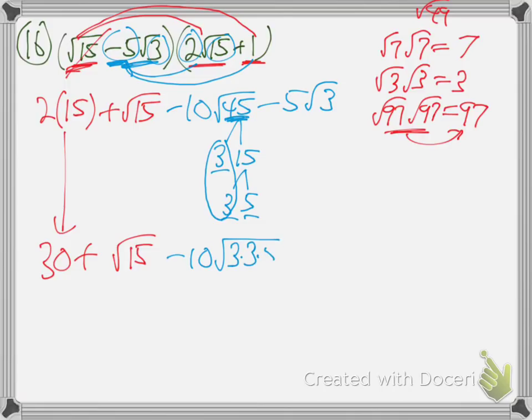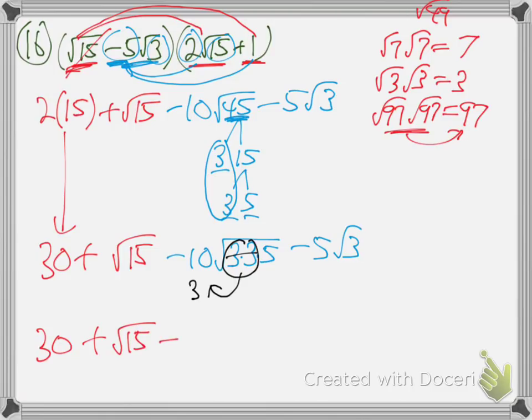So 3 3 5 minus 5 root 3. Now those 2 3's inside, send 1 3 out, and they're gone. So that gives us 30 plus root 15 minus, and then 3 times 10, 30, and the 5 is left inside, minus 5 root 3.